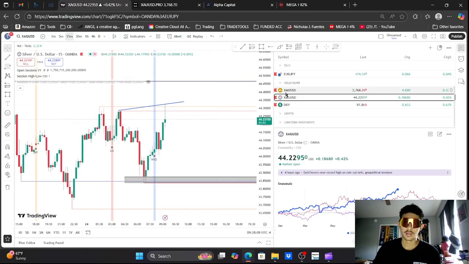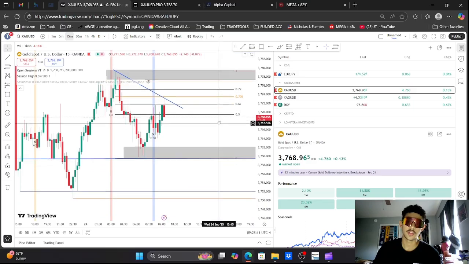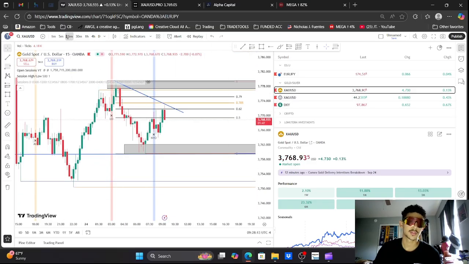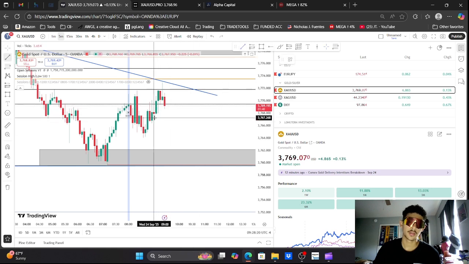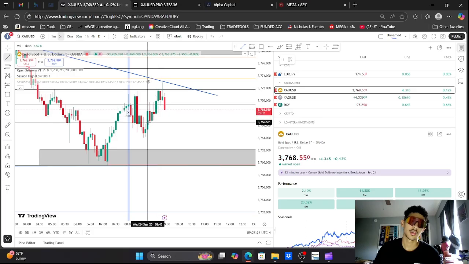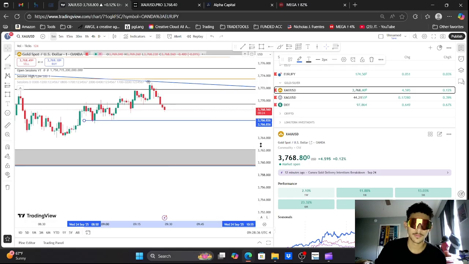I think we're going to enter our first position on gold, to be honest. We can get a 5-minute break. I would consider this a high. I consider this a break on a 5.